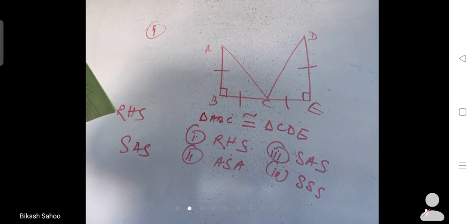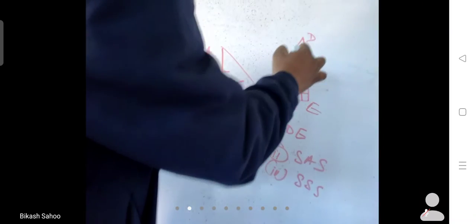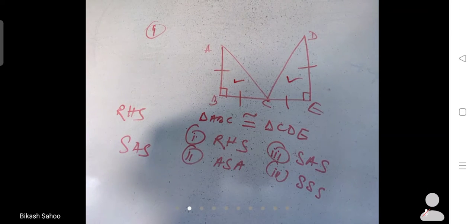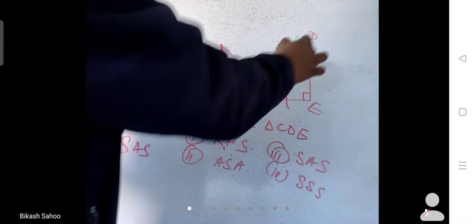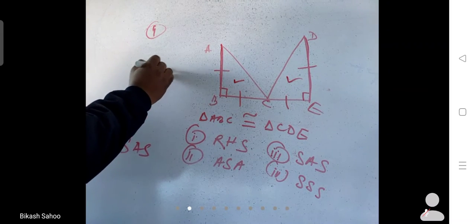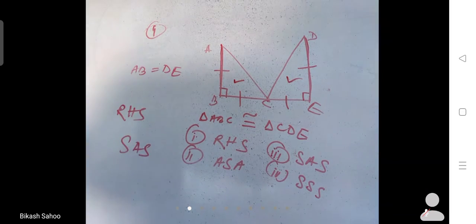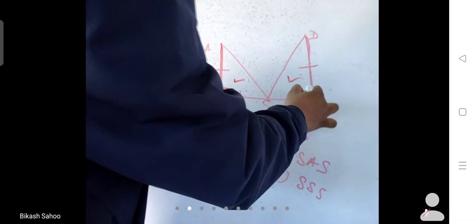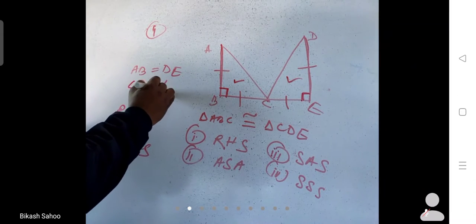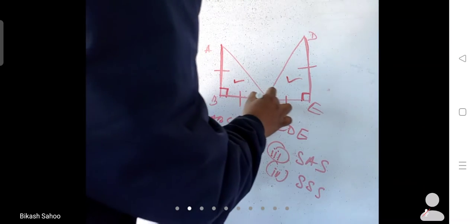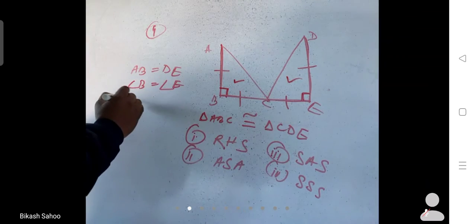So here you see in triangle ABC and triangle CDE, you compare the parts of the triangles. So first you compare that AB side is equal to DE side. Yes or no? So you write it that AB side is equal to DE side. Okay? And angle B is 90 degree, angle E is 90 degree. So angle B is equal to angle E. Then BC side is equal to CE side.